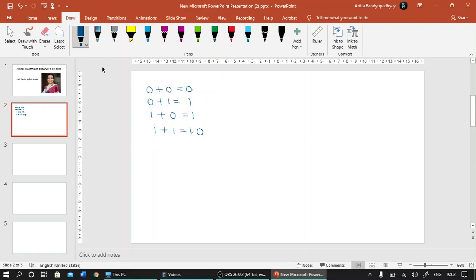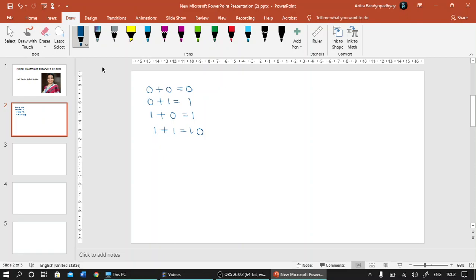But when both augend and addend bits are equal to 1, the binary sum consists of two digits. The higher significant bit of this result is called a carry. A combinational circuit that performs the addition of two bits is called a half adder. One that performs the addition of three bits is a full adder.